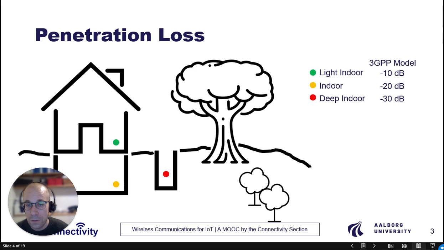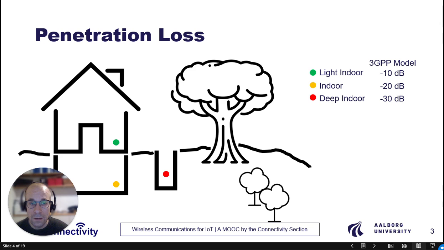And what we experience when we have these meter installations corresponds more or less to the penetration model that is provided by the 3GPP, where light indoor, indoor, and deep indoor respectively have an average penetration loss of -10, -20, and -30 dB.